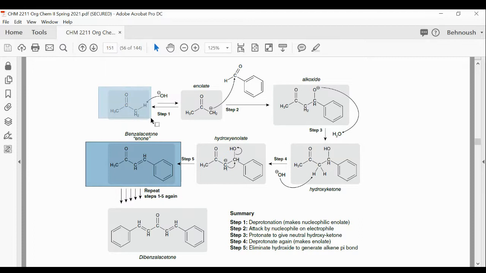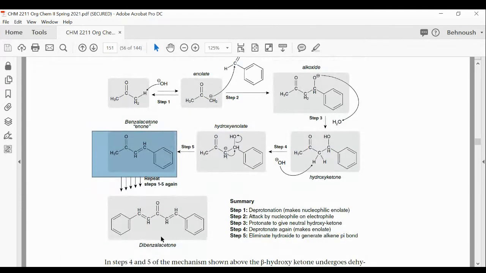You start with acetone, you mix in benzaldehyde, and you end up with benzylacetone. Benzylacetone has alpha hydrogens, and this is going to repeat all the steps. The compound loses a hydrogen to the base, you get an enolate, it attacks another benzaldehyde, gives a hydroxy, then dehydrates and gives you dibenzylacetone.